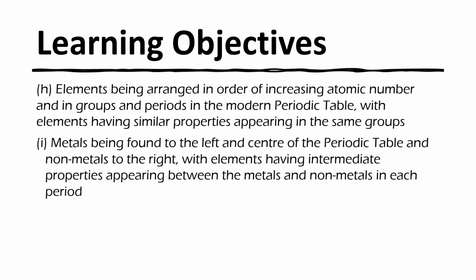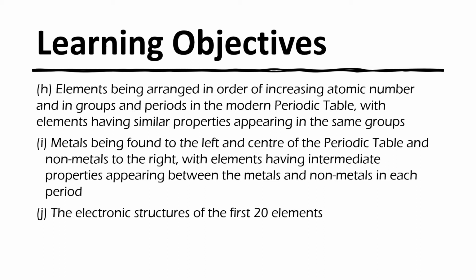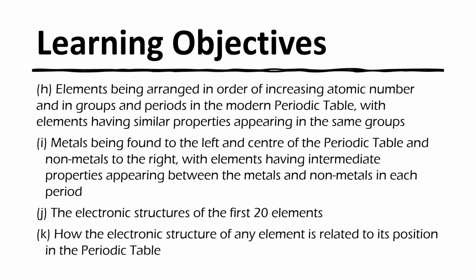Metals being found to the left and center of the periodic table, and non-metals to the right, with elements having intermediate properties appearing between the metals and non-metals in each period. The electronic structures of the first 20 elements, so from hydrogen to calcium. And lastly, we're going to have a look at how the electronic structure of any element is related to its position in the periodic table.